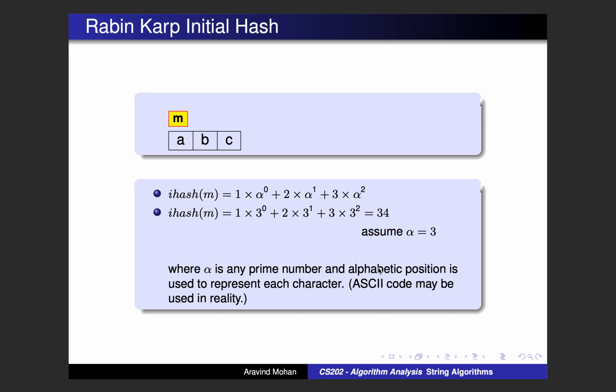Here we assume it's 3. So it's going to be 1 times 3 to the power 0, plus 2 times 3 to the power 1, and so on, and we get 34. That's the hash generated for ABC.